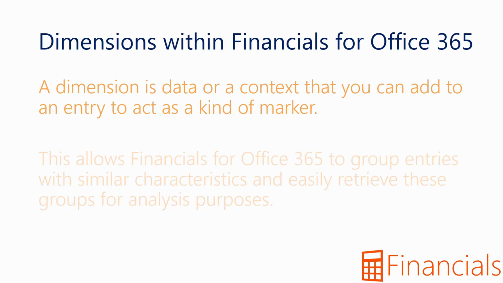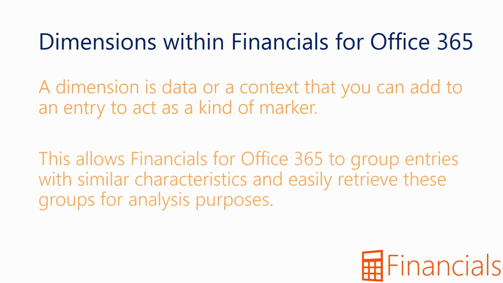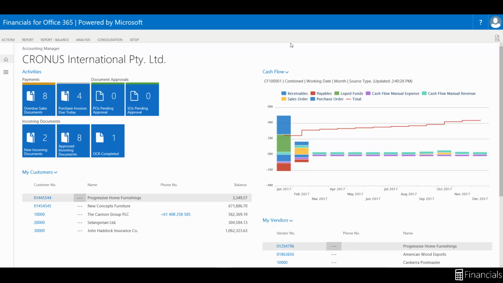This allows Financials for Office 365 to group entries with similar characteristics and easily retrieve these groups for analysis purposes. Therefore, the extensive sub-accounts in your chart of accounts to account for cost centers, regions, departments, or projects can be accounted for through dimensions, leaving you with a chart of accounts that's easier to maintain and allows for powerful reporting capabilities.